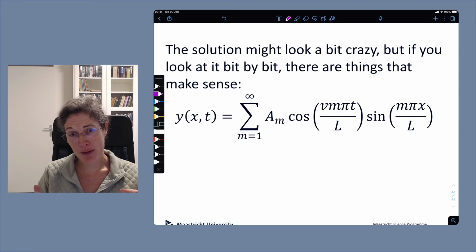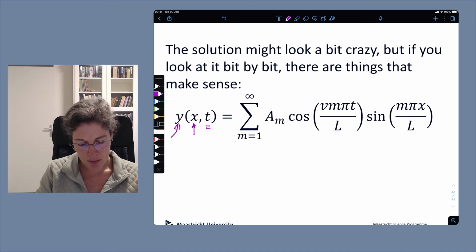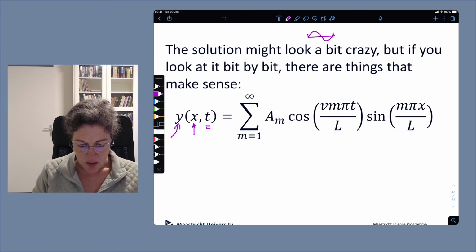So let's have a look at this because it's kind of helpful. So what have we got? We're saying that at any time t, the displacement of our string, so remember we are thinking about a string that is oscillating, is determined by this crazy equation over here, and it depends on where we're looking and when we're looking.